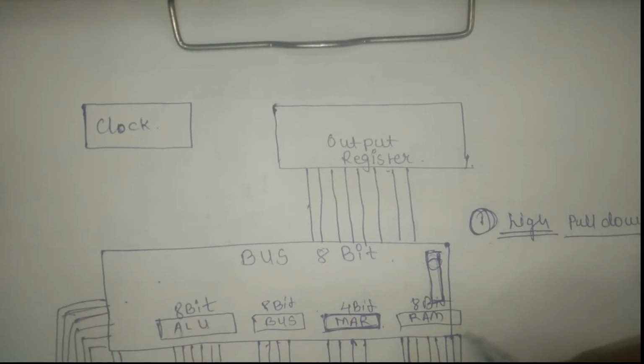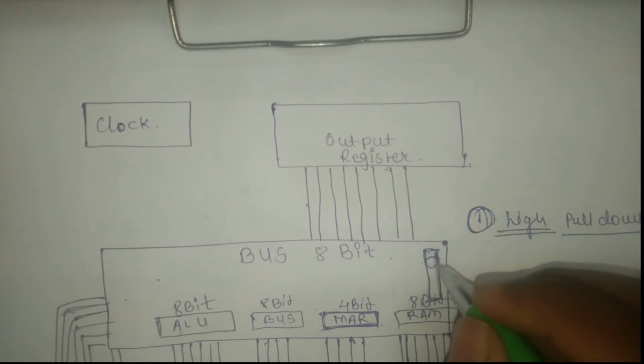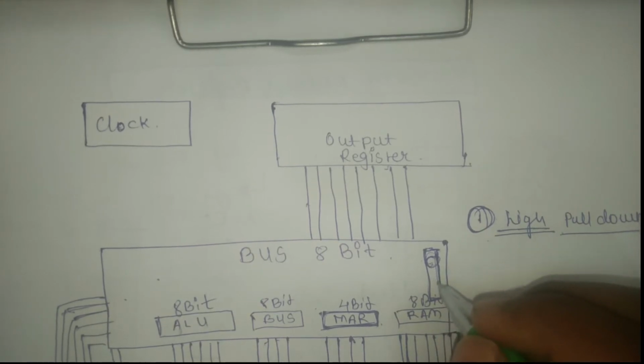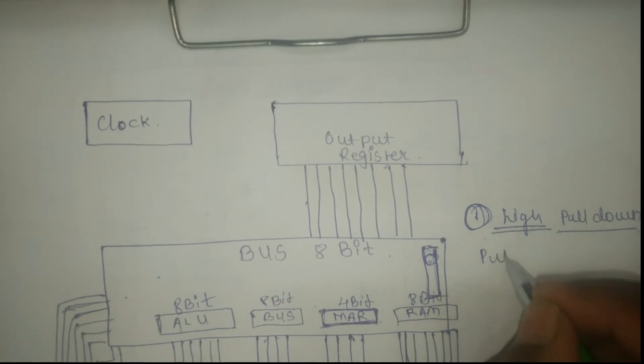It will indicate that these pins are high when they actually are not, which will create some disturbance in our signal. For that, we need pull down resistors.